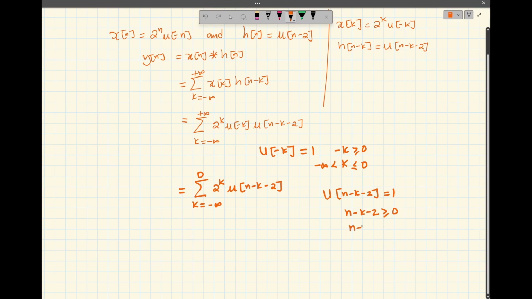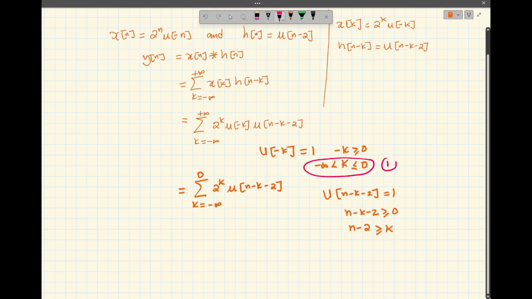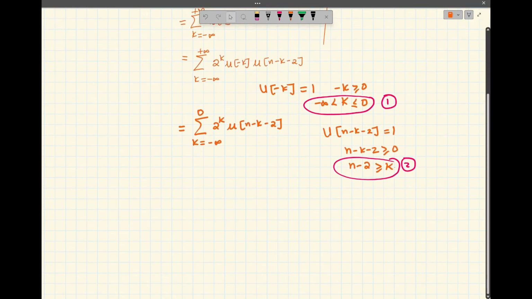That means n minus 2 is bigger than or equal to k. Okay, so if I call this condition 1 and this condition 2, let's take a look at what happens.